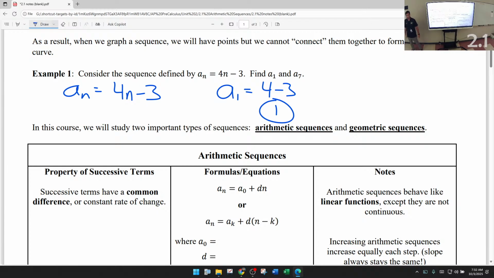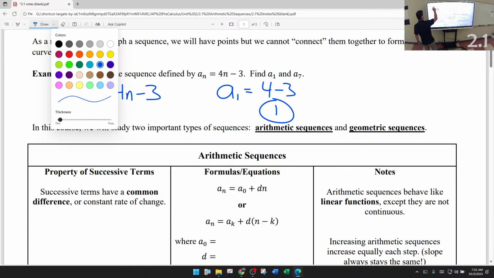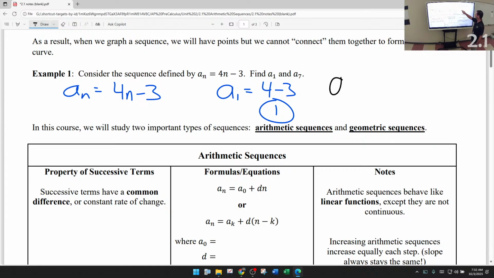Easy enough? Not bad? This shouldn't be very taxing on your brains, I hope. And then they want me to do a sub 7. So a sub 7 will be 4 times 7 minus 3. And so a sub 7 will be what? 28 minus 3, 25.